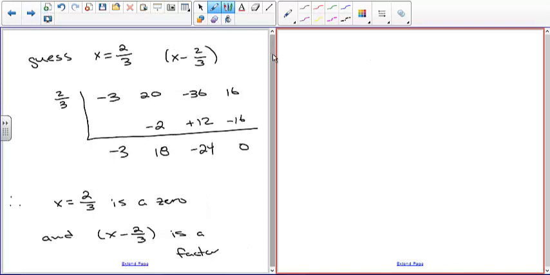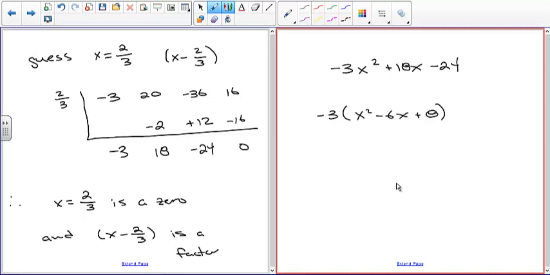So that's pretty cool. Now what I have left over is negative 3x squared plus 18x minus 24, which, if I factor out a negative 3, will be x squared minus 6x plus 8.